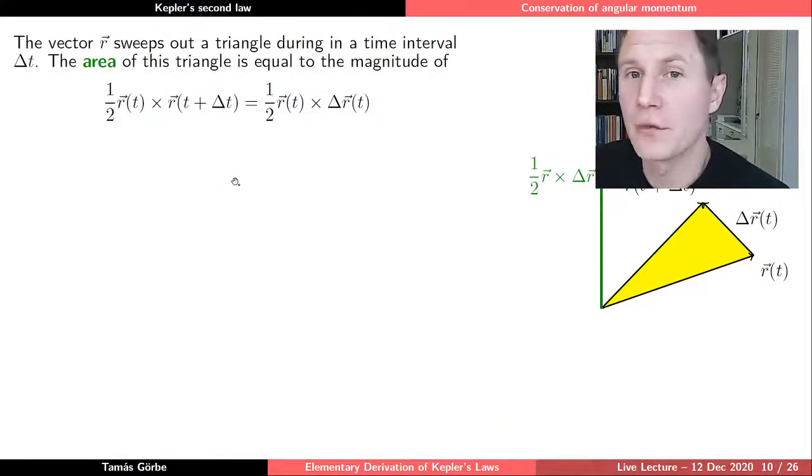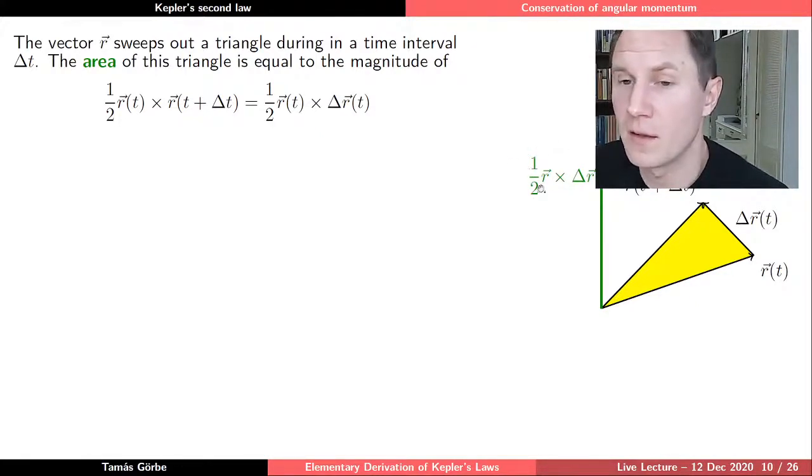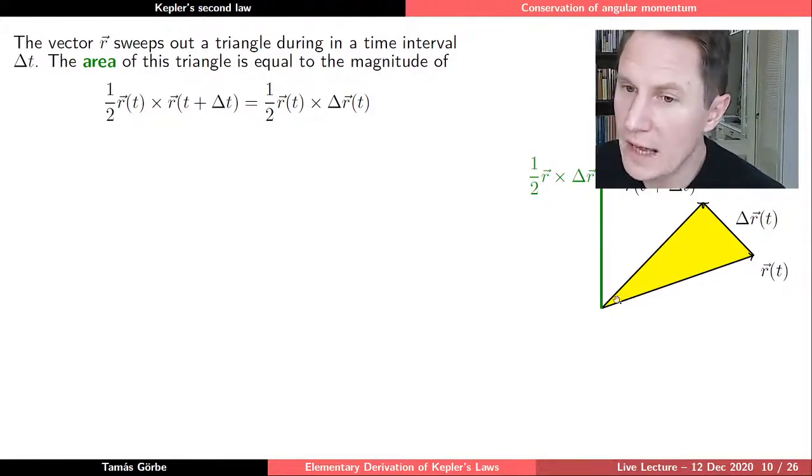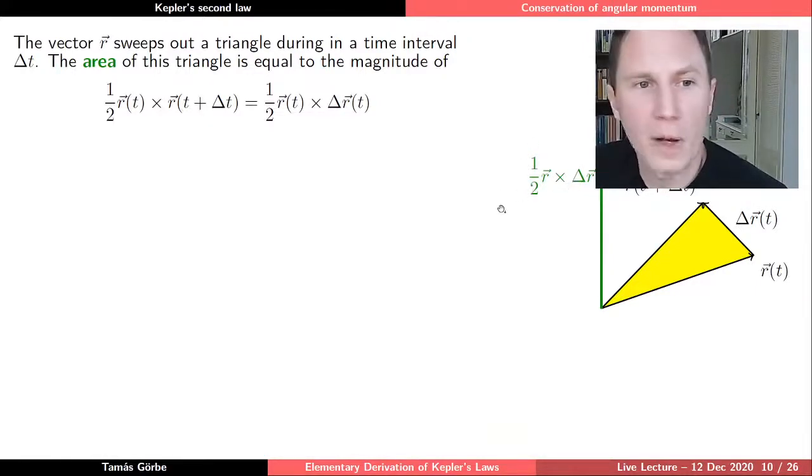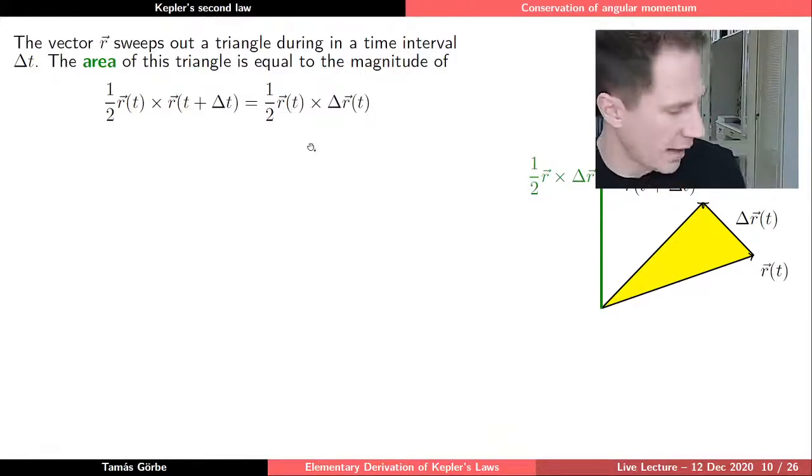So if you want the area of the triangle, you divide by 2. We have these two vectors, r(t) and r(t + delta t), spanning a triangle, but if you complete it to a parallelogram, you would get the length of the vector product. So I'm multiplying it by 1/2 to get the area of the triangle.